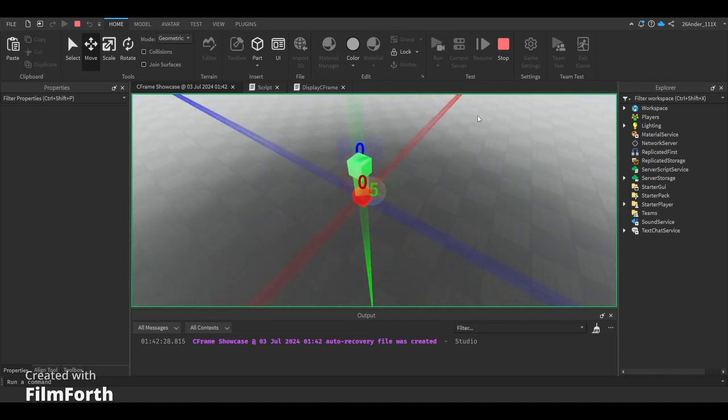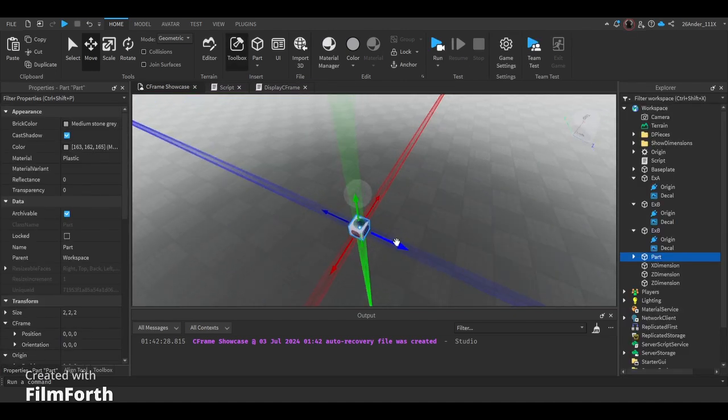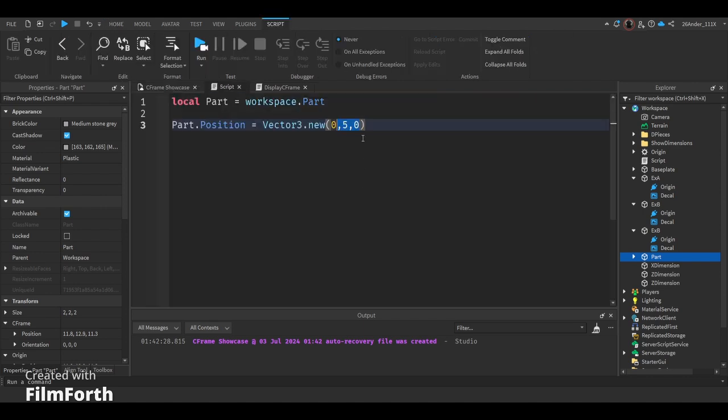Now, what if you want to move your part relative from itself, or what the wiki calls object space? You have to get the part position, which, if you select this right here, will give you the part's position, and then you have to add it to a Vector3.new.